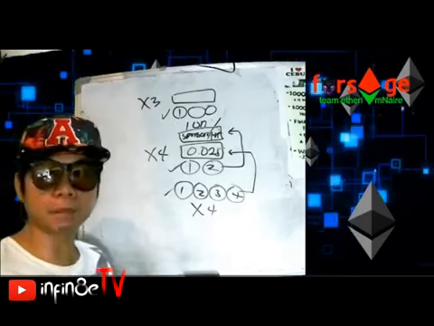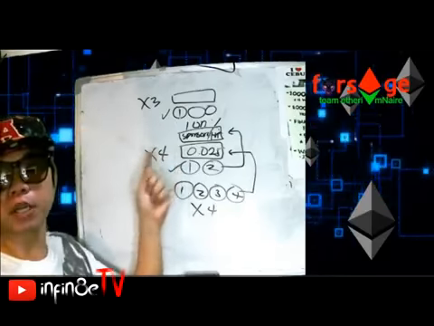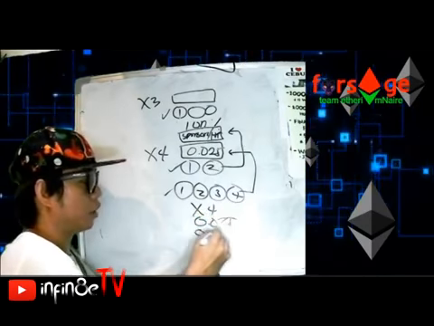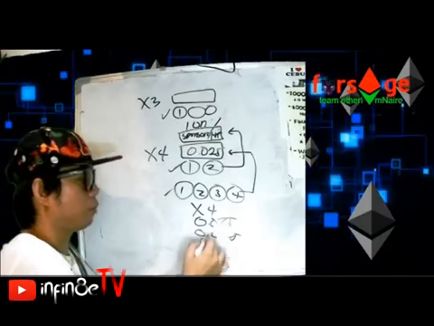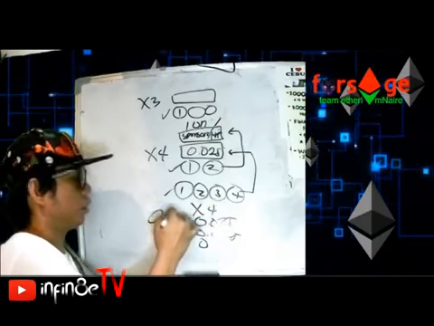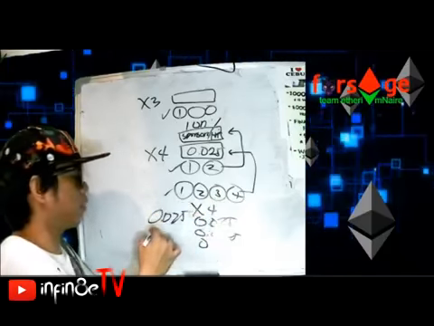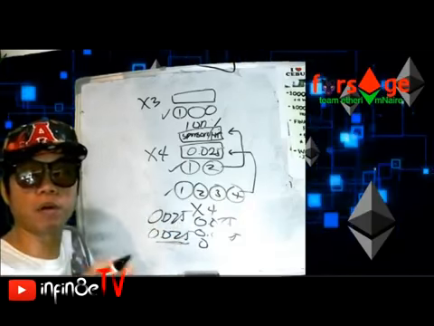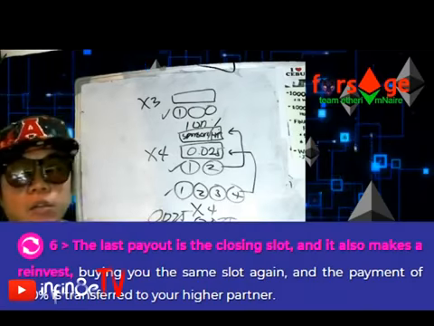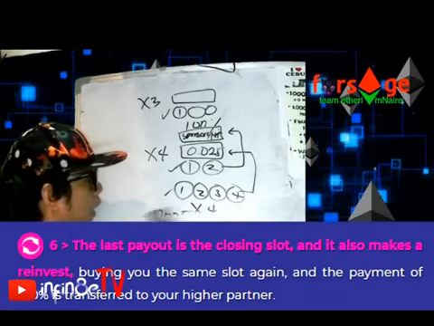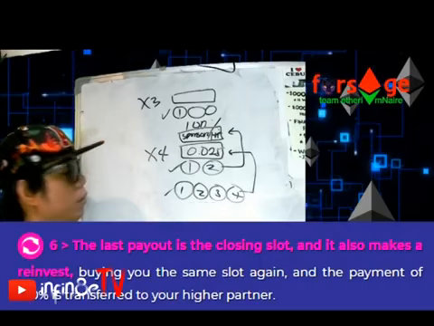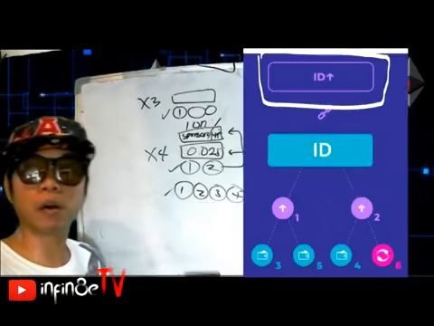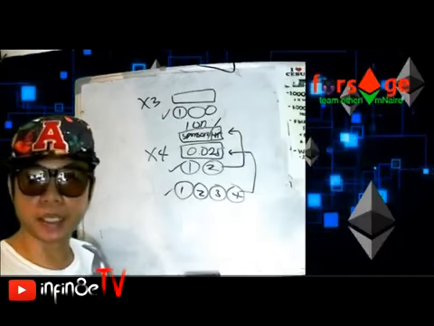Meaning, kung ikaw ay 0.025, pasok yan sa wallet mo, 0.025, and then another 0.025, but this time, yung huling 0.025 mo ay mapupunta sa direct sponsor or doon sa higher partner. So ganun lang po siya.